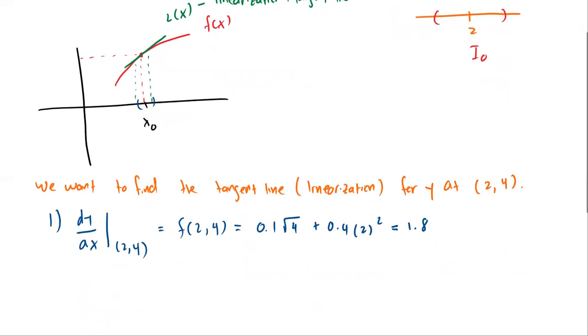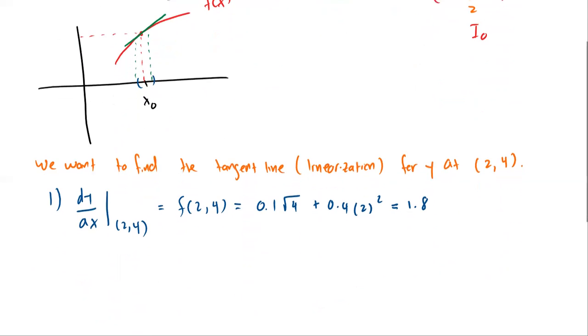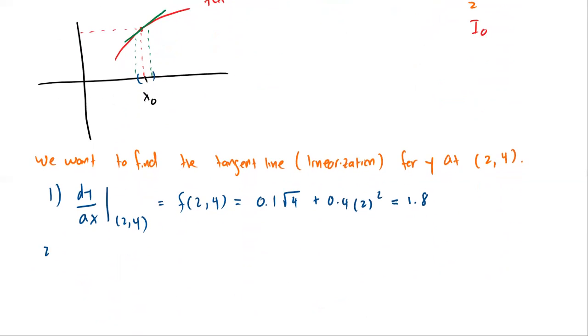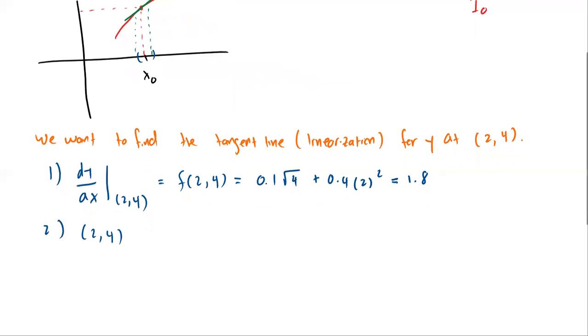That's the slope. All we need to find the equation of the tangent line is the slope and a point on the line. Well, we know what that point is, right? We know that this tangent line has to go through the point 2, 4 on the function y. So we have the slope, we have the point. Now let's just use the point slope formula.